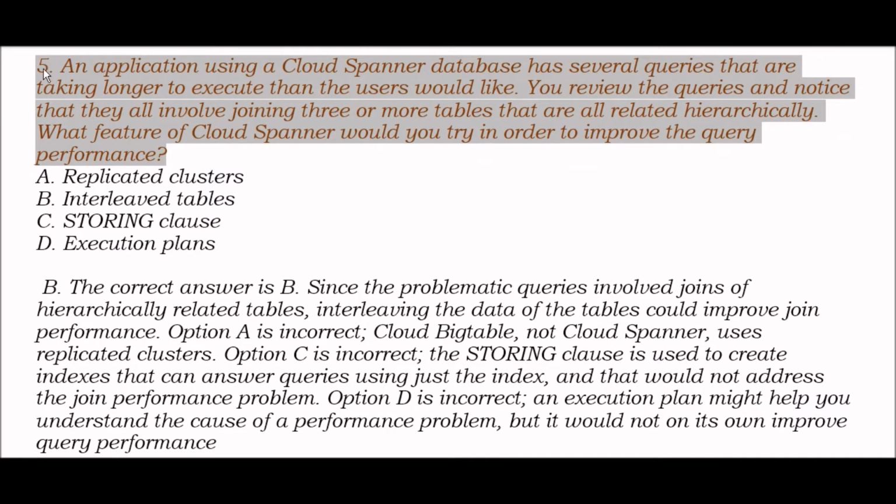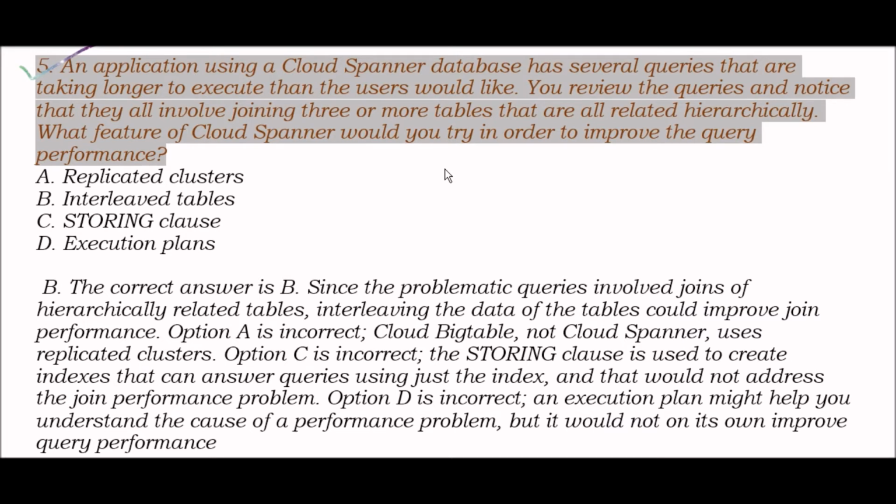Okay. Next question. An application using a Cloud Spanner database has several queries that are taking longer to execute than the users would like. You review the queries and notice that they all involve joining 3 or more tables that are all related hierarchically. What feature of Cloud Spanner would you try in order to improve the query performance?